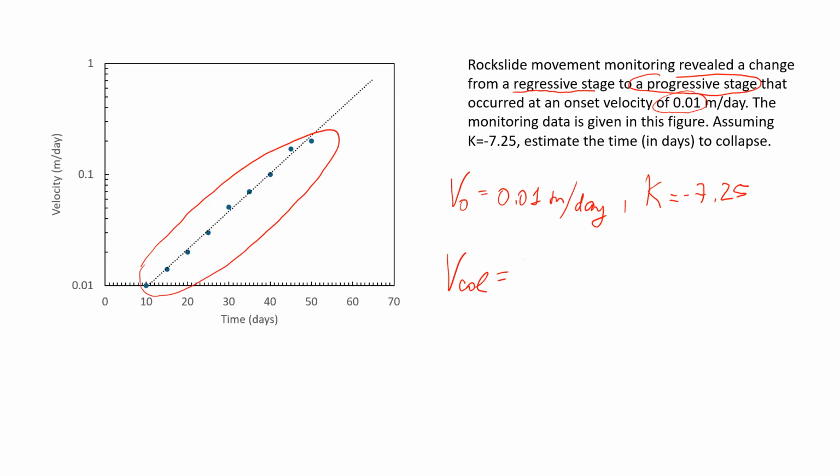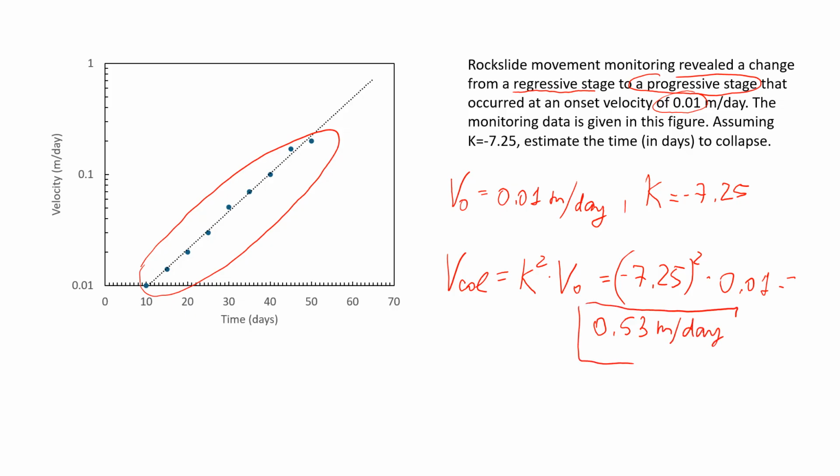It's k to the power of 2 times the initial velocity. So we can put in numbers: -7.25 to the power of 2 times the initial velocity, 0.01 meters per day. That will give us a value of approximately 0.53 meters per day.